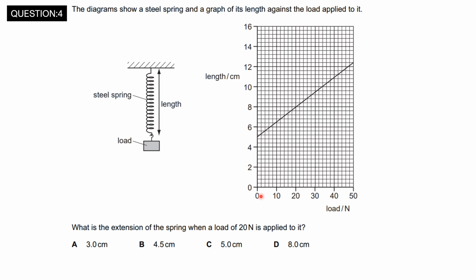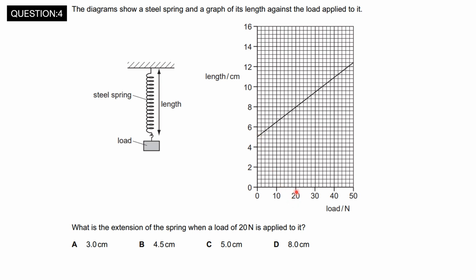So here you can see it is not an extension load graph because it is not from the origin, it is a length load graph. So initially the length of the spring, it is 5 centimeter is the initial length.